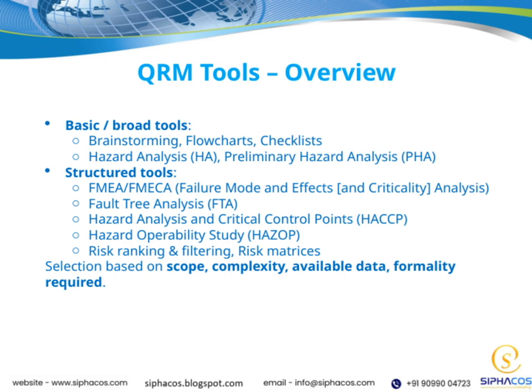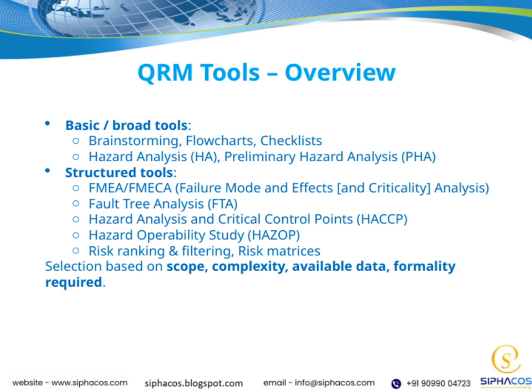Moving on to the structured tools, these are more formalized and systematic. For example, Failure Mode and Effects Analysis, or FMEA, and its more comprehensive version, FMECA, help us analyze how failures can occur and assess their effects, including criticality. Fault Tree Analysis, or FTA, is another powerful method that visualizes the pathways leading to a failure, making it easier to trace root causes.